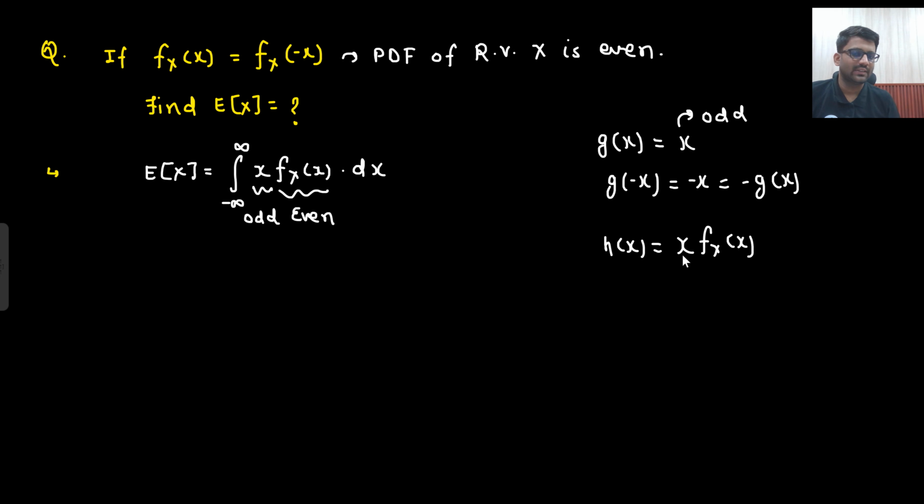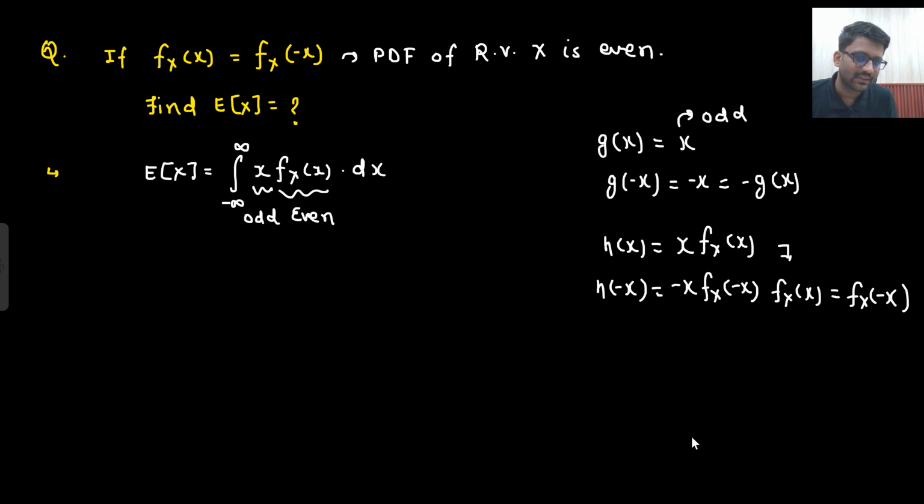So this whole function, if I say that my h of x is x fx of x. So what kind of function is this? Now I am saying also, given that fx of x is equals to fx of minus x. So if I calculate h of minus x, what that would be? Minus x fx of minus x. Now I know that fx of minus x is equals to fx of x.